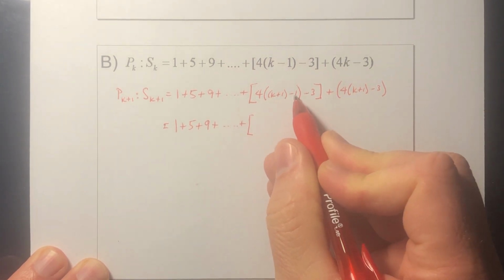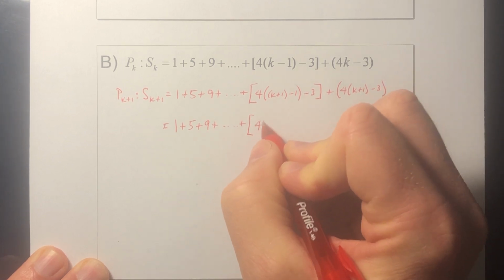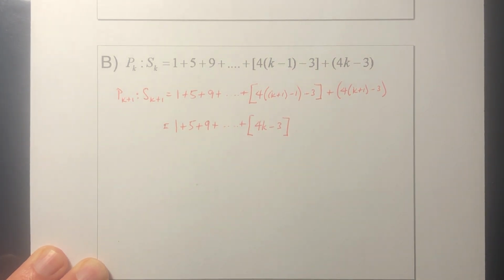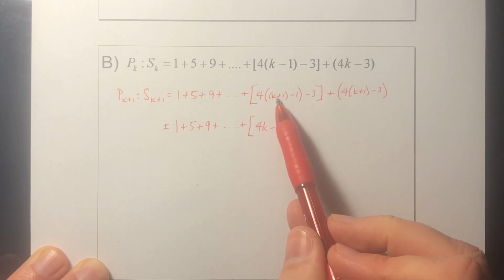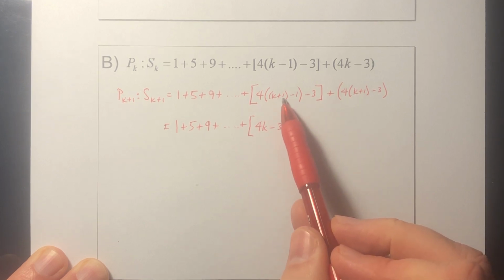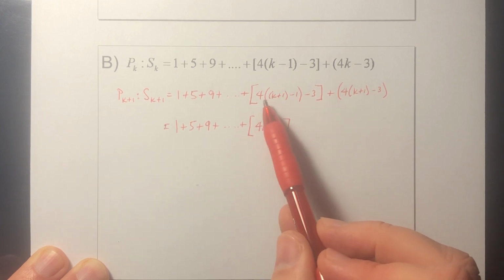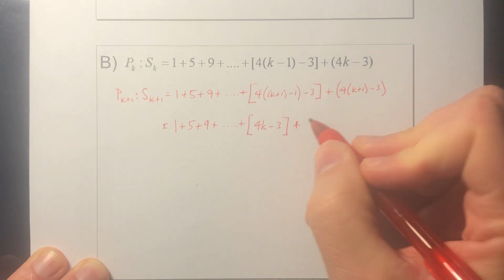This k plus 1 minus 1, that's just going to turn out to be k. So times the 4 out front, and we end up with 4k minus 3, all that in there. Okay, so again, we got the k plus 1 minus 1 all in parentheses, so the 1 minus 1 is 0. So all of this turns out to be a k times the 4 minus the 3. All right, now here it's a little more challenging.